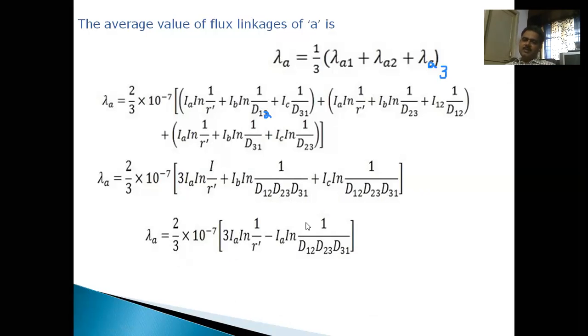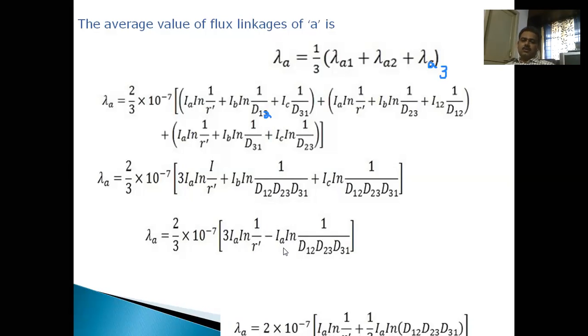If we take this term as common, ln 1 by this, IB plus IC. So IB plus IC can be written as minus IA for a three-phase system. So all the three currents, IA plus IB plus IC is equal to 0. So that can be written as IB plus IC can be written as minus IA.